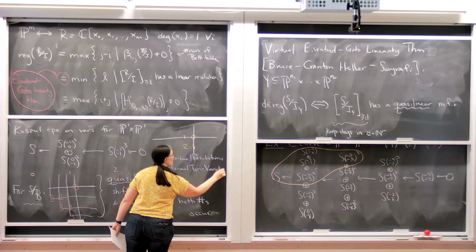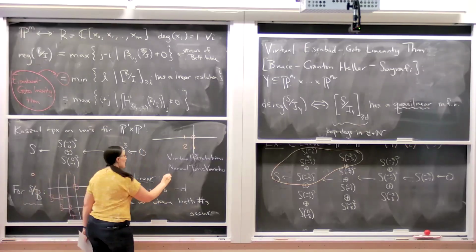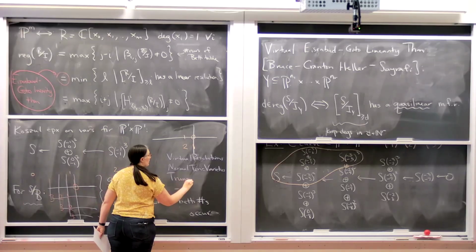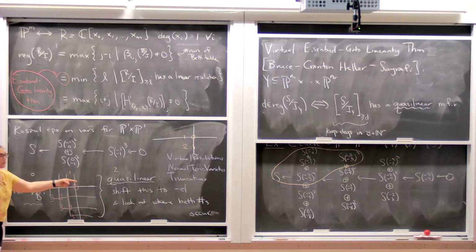That's the one that lets you define Cox rings. And then last, the Truncations package will let you compute the minimal free resolutions for truncations. So you don't want to do that by hand. Okay? All right, thank you so much.